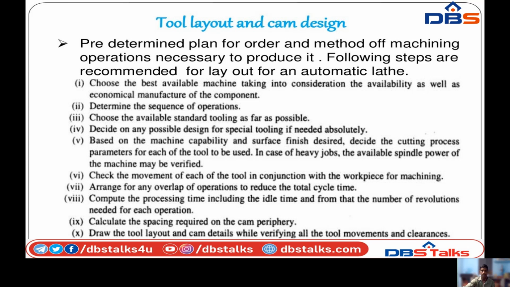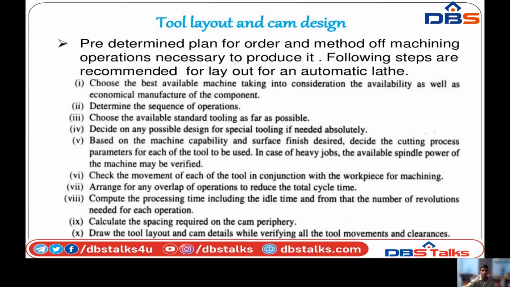That means first of all, we are taking the machine for necessity. Based on necessity, we are taking operations. Choose the available standard tooling as far as possible. Check the movement and calculate the spacing required for cam periphery. Draw the tool layout.